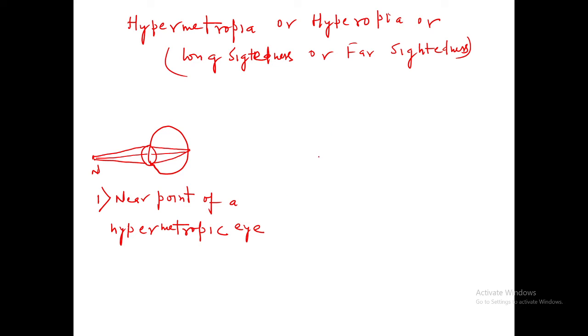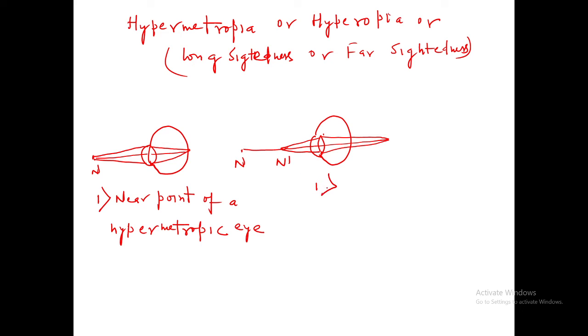Second, this is the retina, and the image will go on beyond the retina. So this is N.S. and this is N.